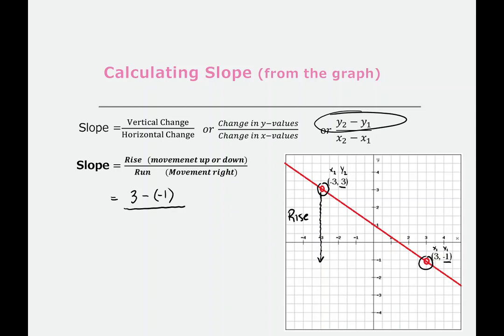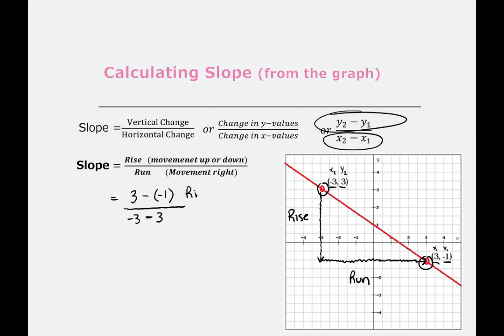We can do this by doing x2 minus x1. 3 is our x2 value. Our x1 value is -3. Finding the difference, so we're subtracting. And another way of looking at it is we're trying to find the difference in our horizontal movements. We can call this the run.